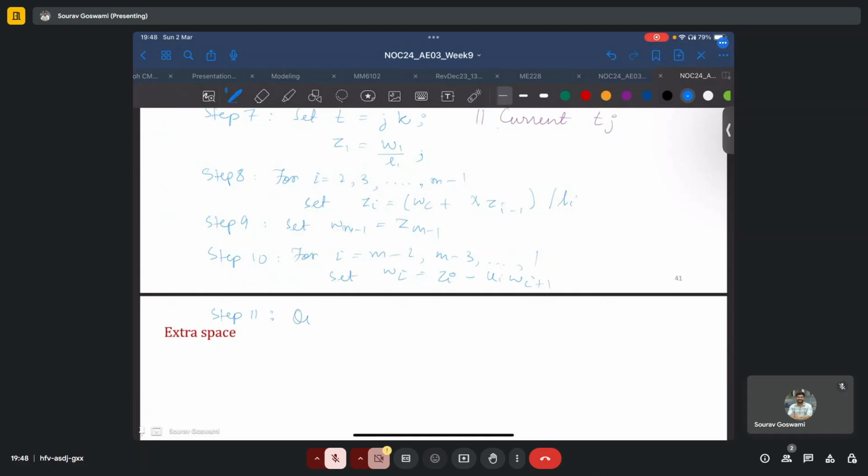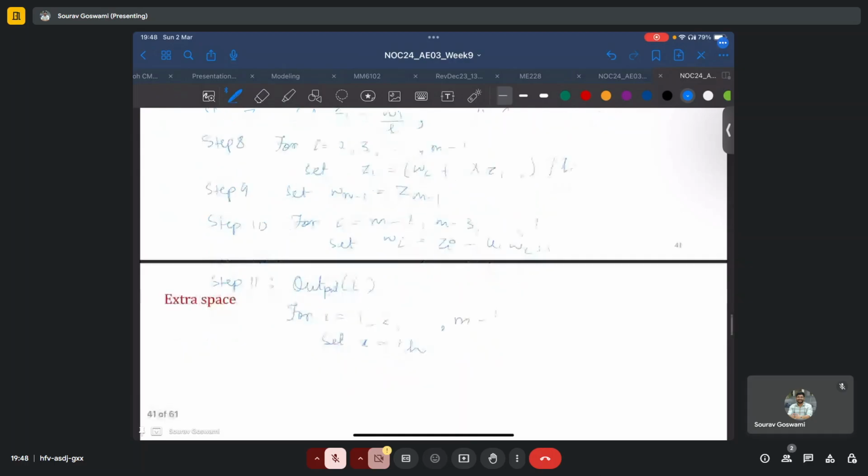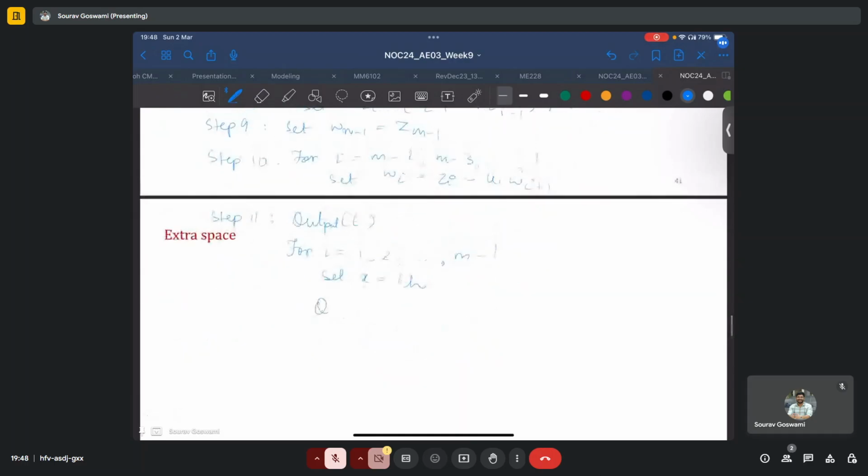Step 11, we output t, which is basically the current time step, and for i equals 1 to m − 1, we set x equals ih, that is the current grid point, and output x comma w_i. And iteratively this will solve the heat equation. The 12th step is to simply stop.